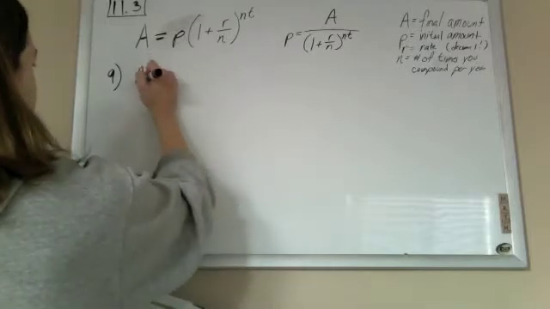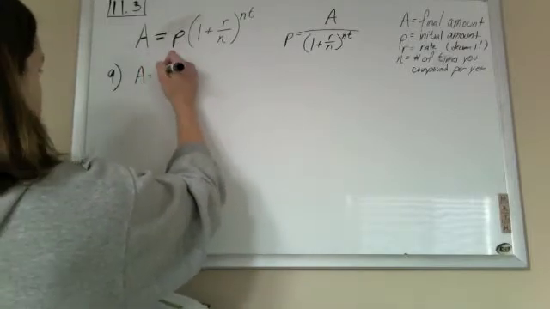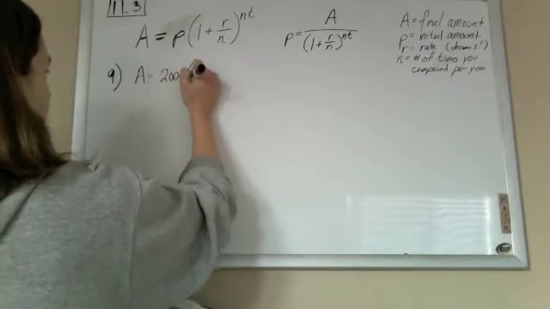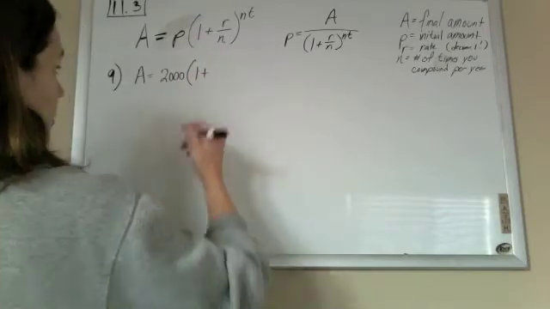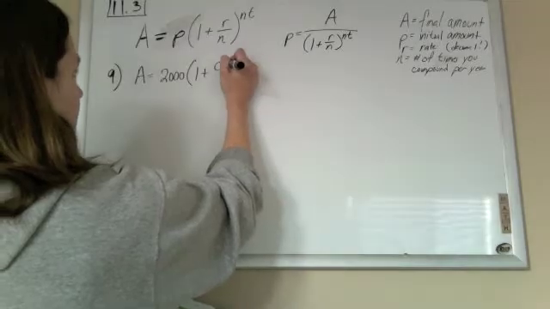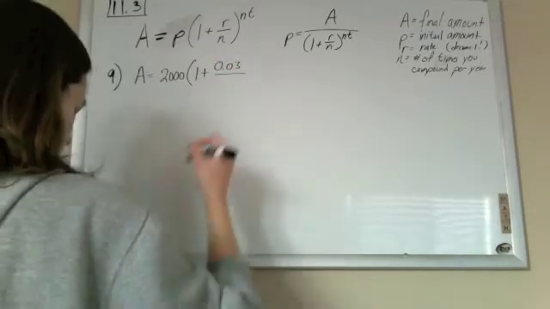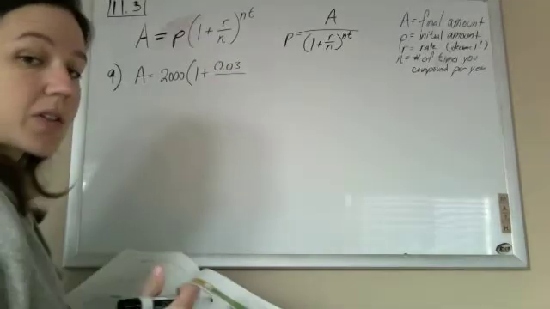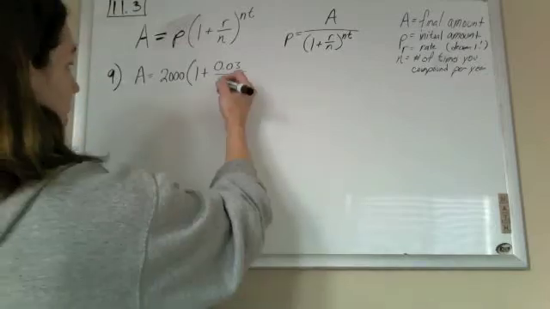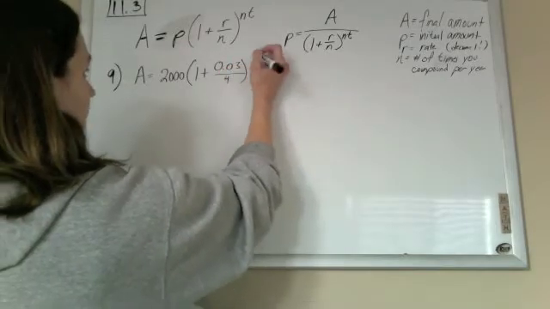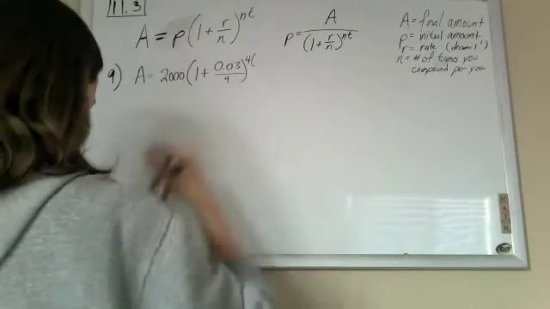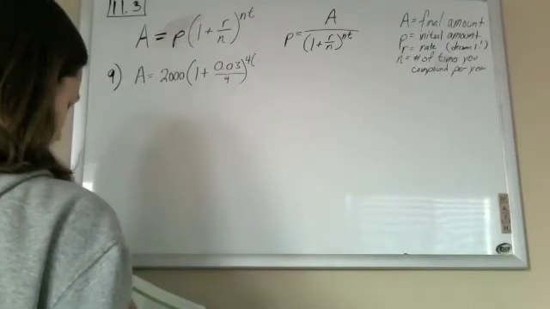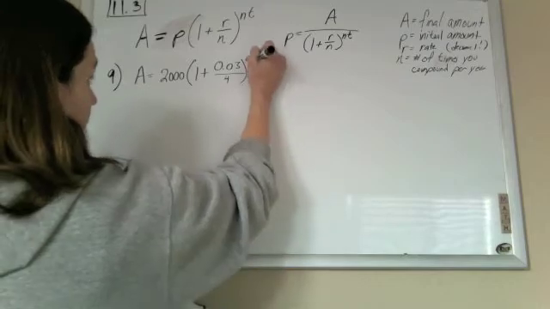So the final amount is going to be the initial amount, that 2,000, times 1 plus the rate. The rate is 3%, so I'm going to write that as 0.03, and I'm compounding quarterly, so I'm compounding 4 times a year, so n is 4, and then n again is 4, and I'm putting it in for 4 years.